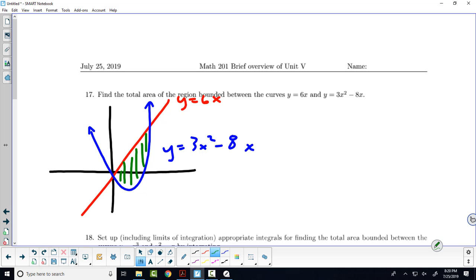One task is to simply find out what my limits of integration will be. I think we can see that I'm going to start finding the area at x equals 0. But the question is when am I going to stop? The answer is at that x value. So what do I have to do?